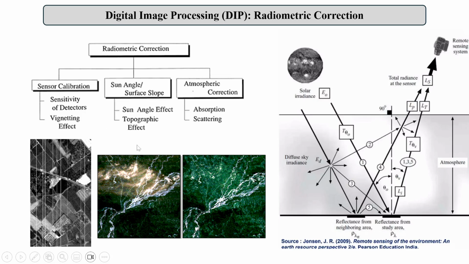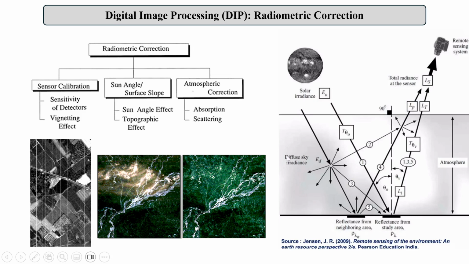There can be errors due to sun angles or topographic effect, and there can be errors due to atmospheric interference. There is diffusion, scattering, and reflection in the atmosphere due to gaseous particles and dust particles, and these can introduce, as you see in this image, some effect of haze or something.